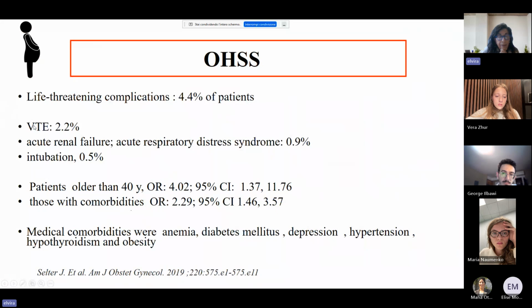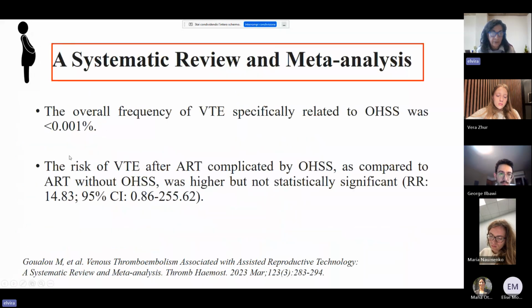And not only VTE in these women, but as you can imagine from the physiopathology of the disease, we can have, for instance, acute renal failure, acute respiratory distress syndrome, and so on, that can lead to life-threatening complications for these women.